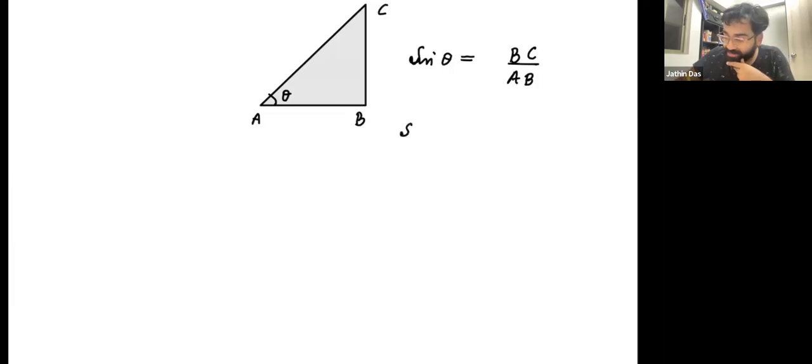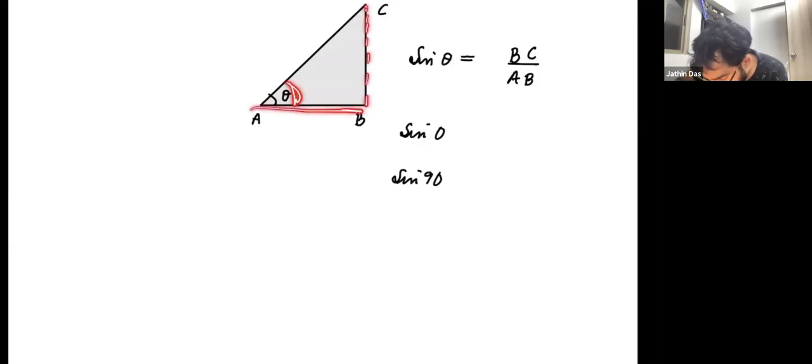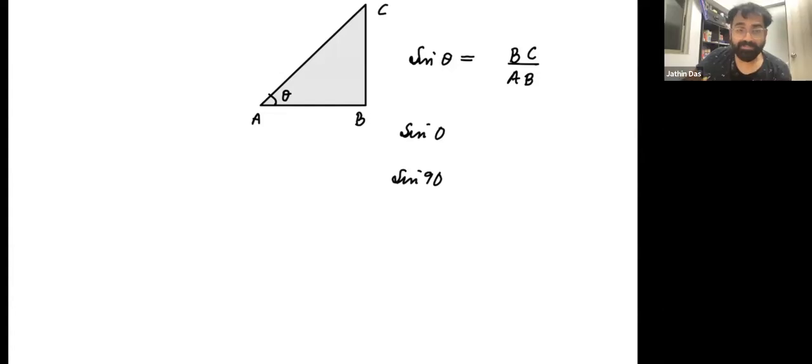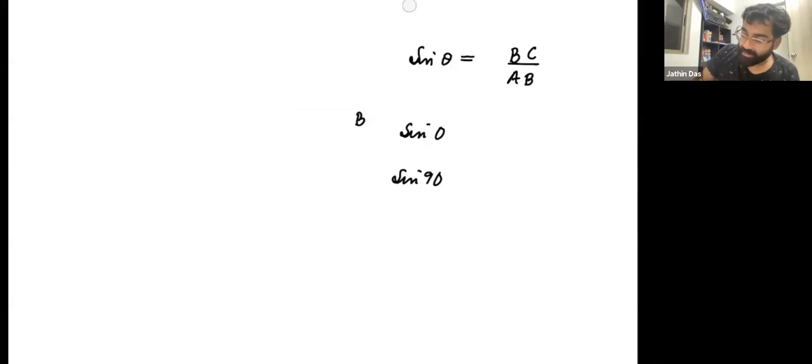I want to find the value of sine 0. I want to find the value of sine 90. So at that time in your textbooks, what they did was that when it became 0, that means this hypotenuse and this base are the same. So you thought, what is this? Why? Because this is not the actual definition of sine and cos. So now we'll study the real definition of sine and cos.